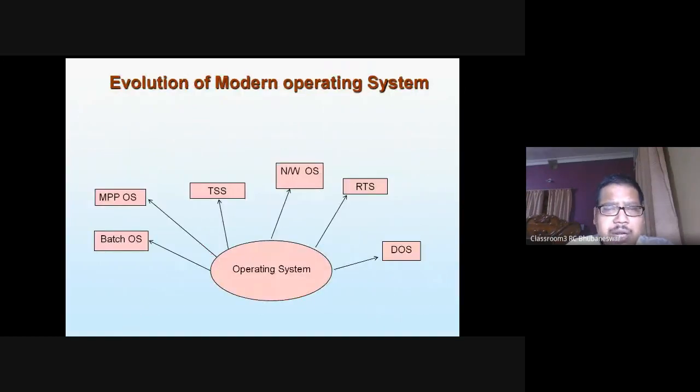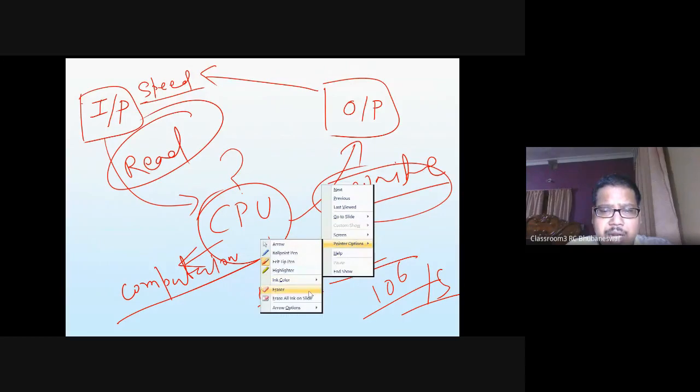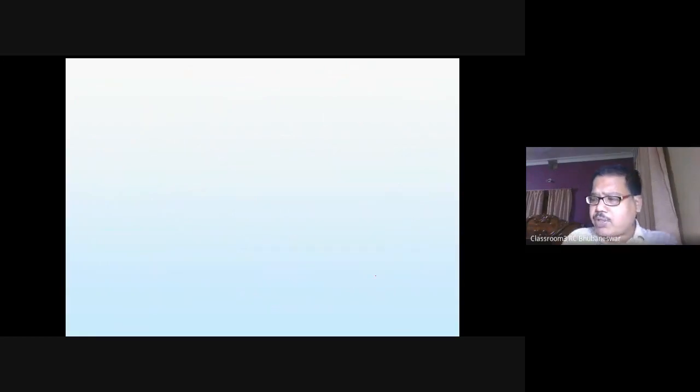Now, the demand: how can a process go for the next instruction execution, and when does it come? That is possible by going for the next type of operating system, which is TSS. T for time.